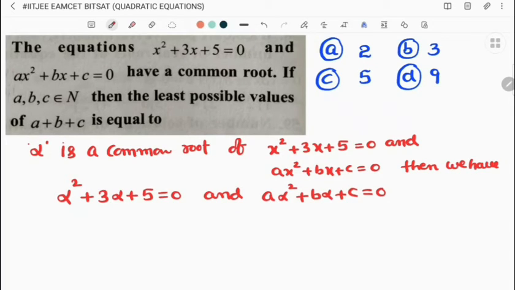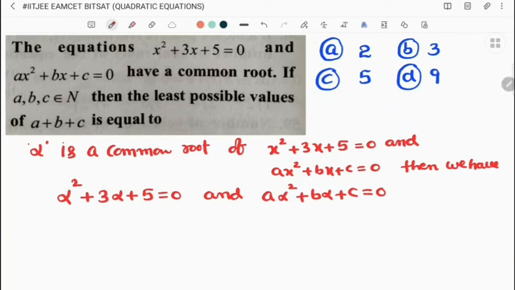Both are representing the same quadratic equation. Whenever they are representing the same quadratic equation, their alpha square coefficients are in proportion, their alpha coefficients are in proportion, their constants are in proportion.